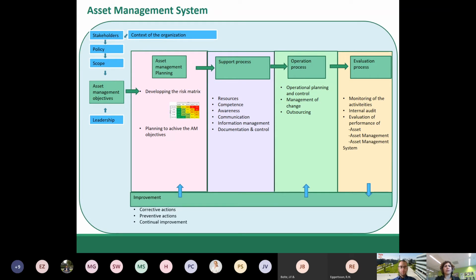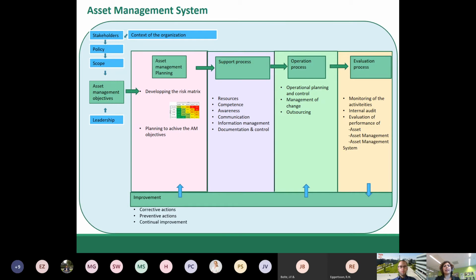We can improve the plan or we can improve the operation process. If we see some accident or incident that occurred in the past, we should do corrective action. If we see potential incidents that might happen in future, we should do preventive actions. And in general, we should continuously improve our asset management system.